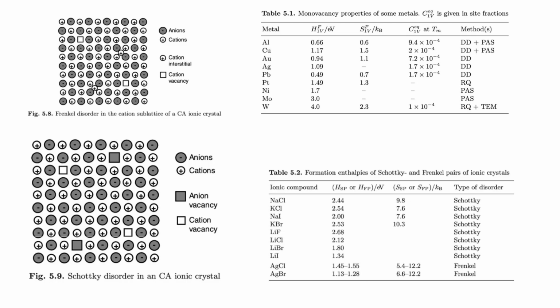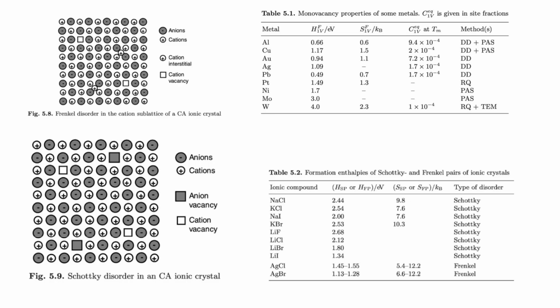Another alternative would be we don't remove the cation, we simply displace it. For example, we should have a cation over here, but we displace it into an interstitial site. It's supposed to be here, but because it can move, it actually moves over here.